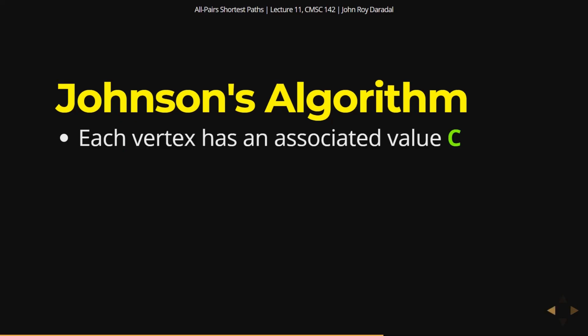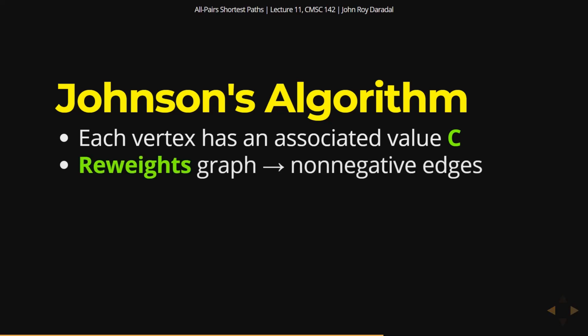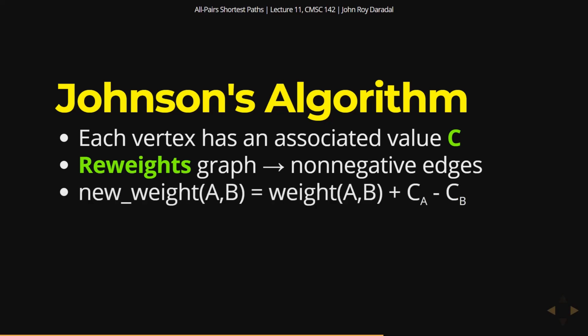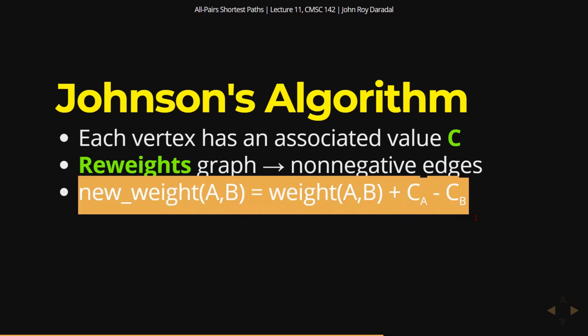Okay, so first, each vertex will have an associated value C. So we'll call this the score, or just the value of each vertex. And then we'll reweight the graph so that the edges become non-negative. So to reweight the graph, we will use this equation.